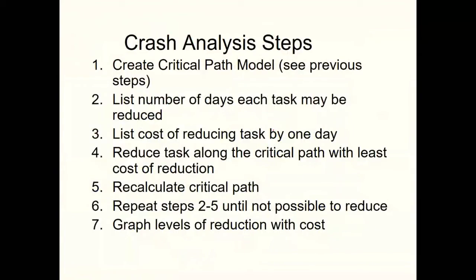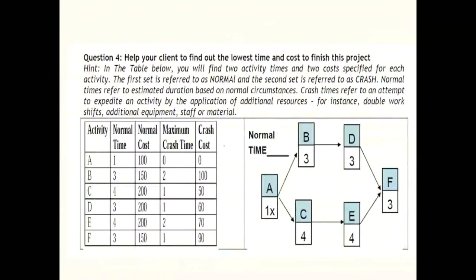So in the crash analysis steps, we follow a certain protocol of crashing, and we list the number of days each task may be reduced and list the costs of reducing the tasks one by one. I think it's better done through a bit of practice.